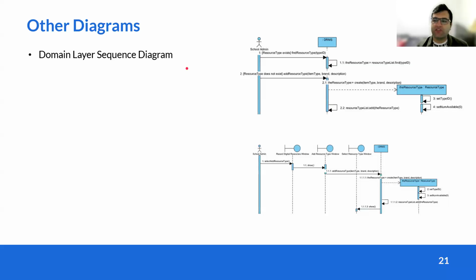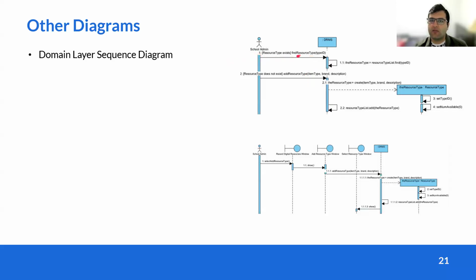Okay, so those aren't all the diagrams that you have in requirement specification. You also have other diagrams. You have the domain layer sequence diagram. In the system sequence diagram, we only discussed interactions between the actor and the system, right? Messages going back and forth between the two. But then how does the system itself do calculations? That's where the domain layer sequence diagram comes in.